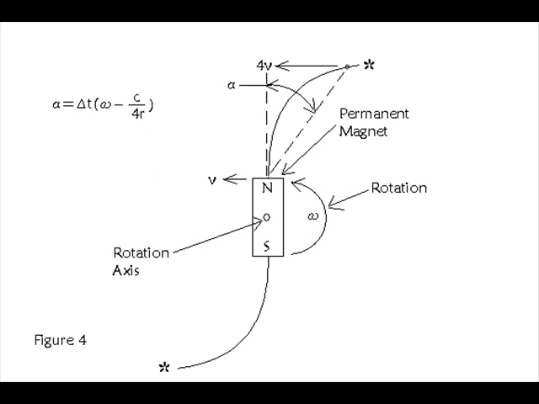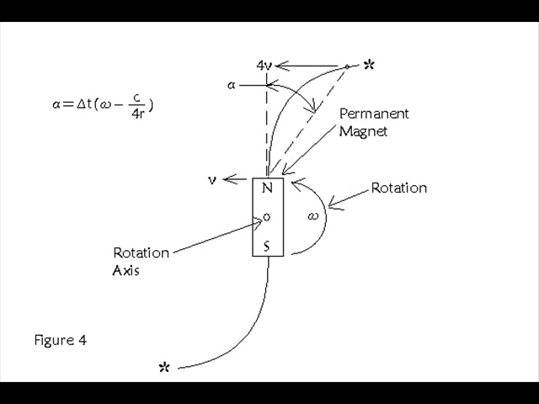A possible answer to this question is shown in Figure 4, where the peripheral speed of the magnet is some fraction of the speed of light, c, say 1/2 c. This means the magnetic field would eventually exceed c as you travel outward from the magnet. If we require that the field speed will not exceed the speed of light, the radial line star would approach the curved line shown.